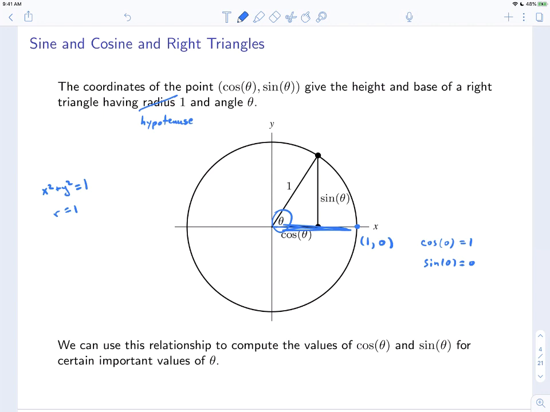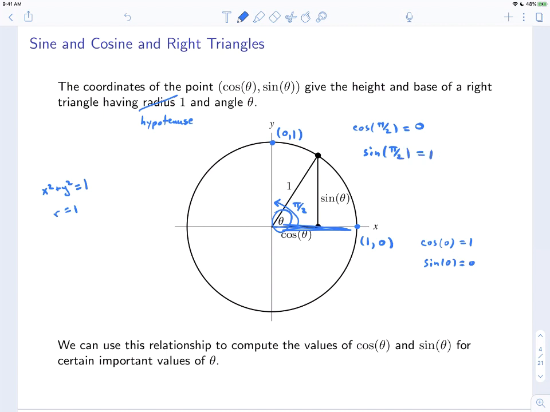What about where it intersects the positive y-axis? This is now an angle of 90 degrees, or pi over 2 radians. So if we go all this way, this is an angle of pi over 2. The coordinates here are 0, 1, again because this is a circle of radius 1. So that tells us that cosine of pi over 2 is equal to 0, and sine of pi over 2 is equal to 1.